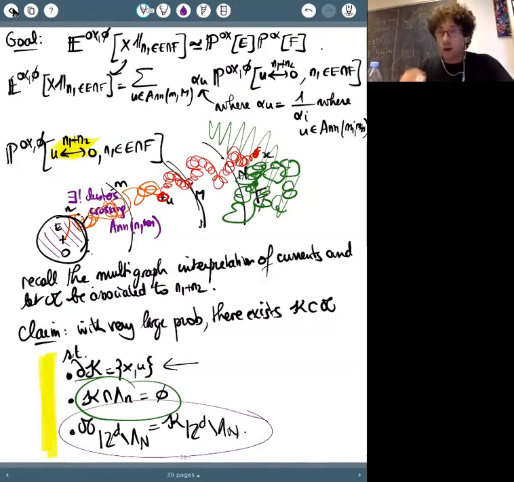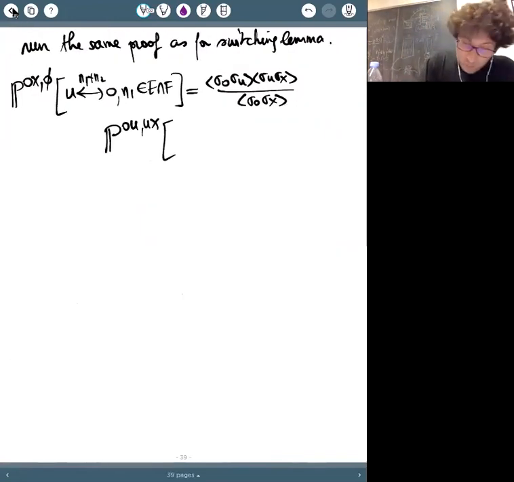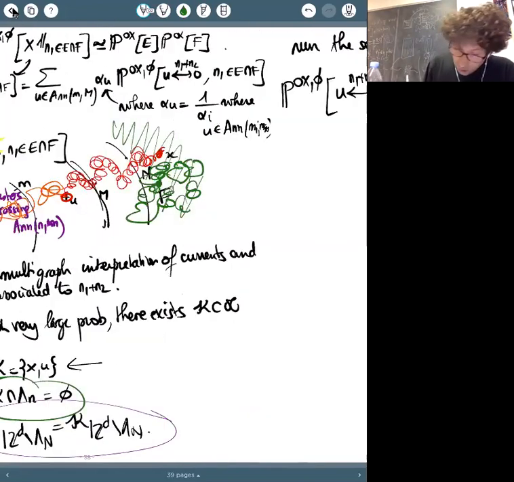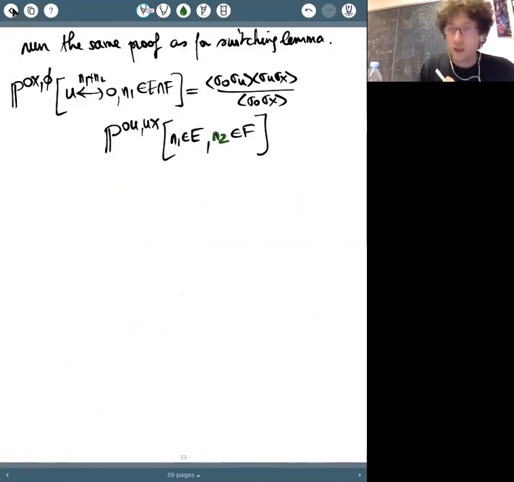So this you need to write it down. But what you end up with is that here N1 belongs to E and N2 belongs to F. So you see the switching by K allows you to change N1 to N2 here. But this is absolutely fantastic news because N1 and N2 are independent.